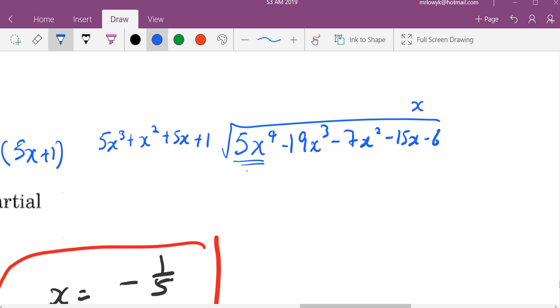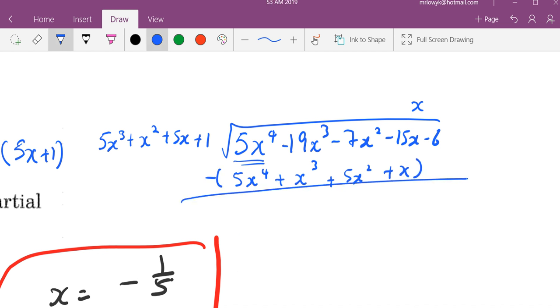Now, I write down 5x^4 plus x cubed plus 5x squared plus x. Minus the whole thing, 0. Minus 20x cubed minus 12x squared minus 16x minus 6.